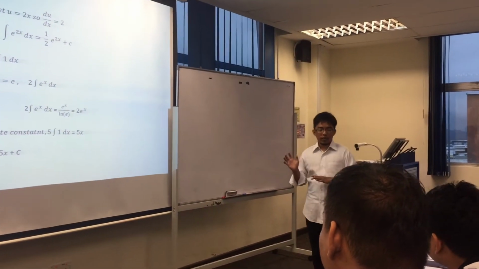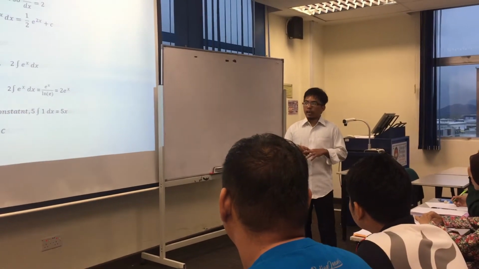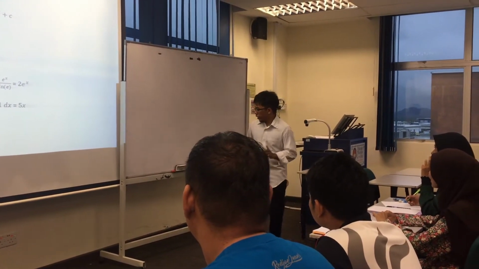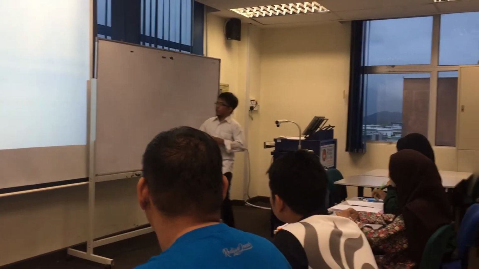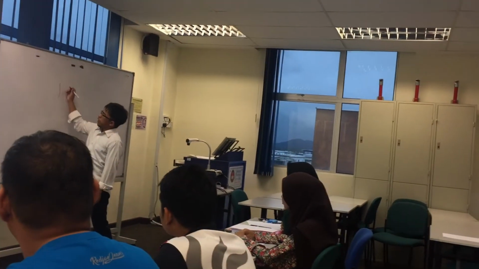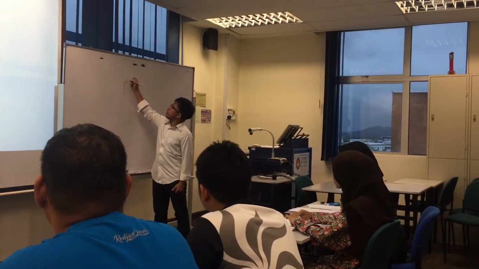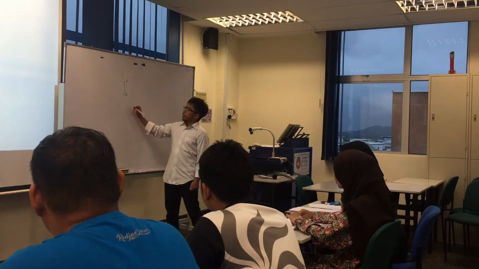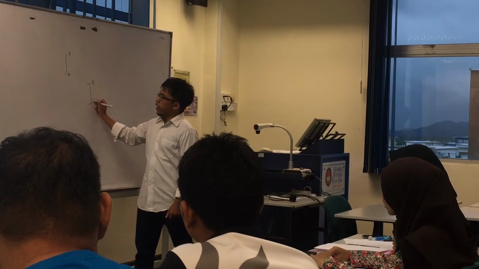There will also be a definite integral where we have an upper limit, a lower limit, and we have a value. Where do they put the upper limit and lower limit? The upper limit will be written above the integral sign at a, and the lower limit at the bottom, b. When you have done the integration, you have to substitute the values of a and b.